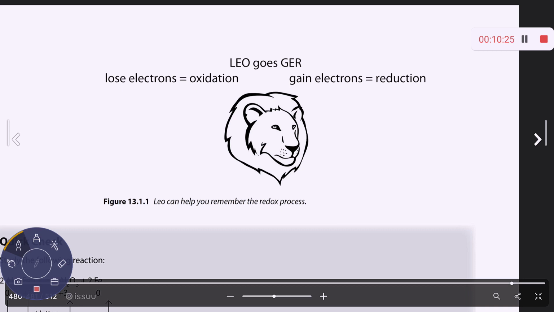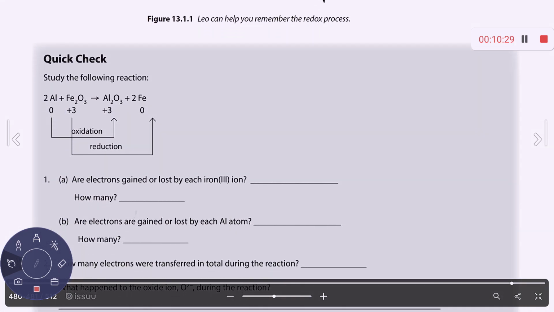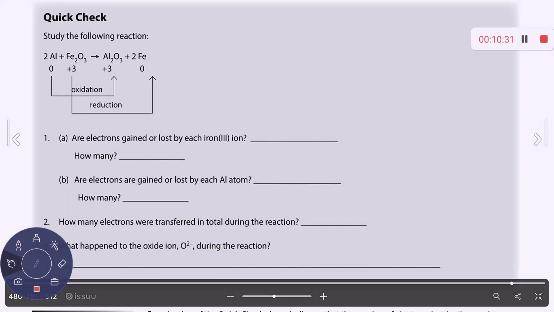Now, let's look at the quick check. Let's come down here. Iron is here, and they gave us the corresponding oxidation numbers. So as you read it from left to right, the oxidation number is decreasing, okay?